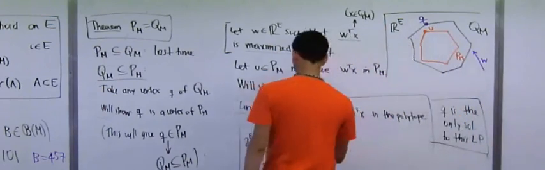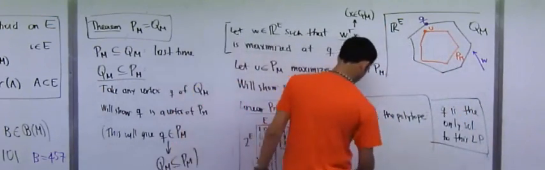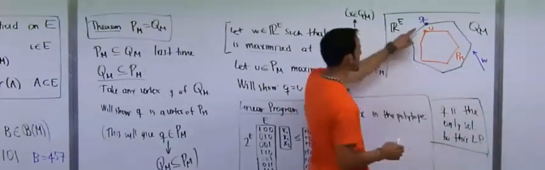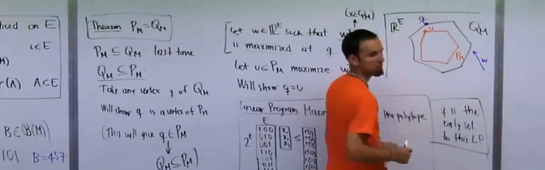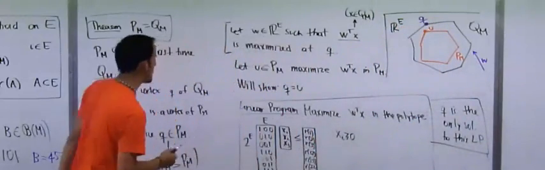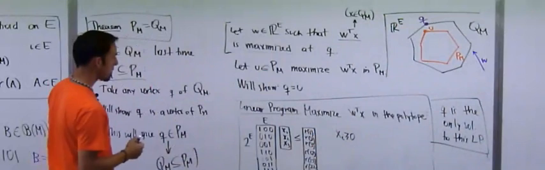It's because it's a vertex. Because I chose Q to be a vertex, and then I chose my direction to maximize exactly at that vertex. So that is my linear program.